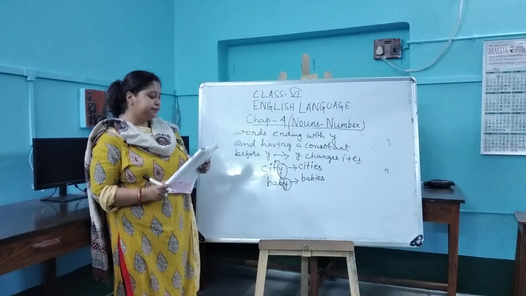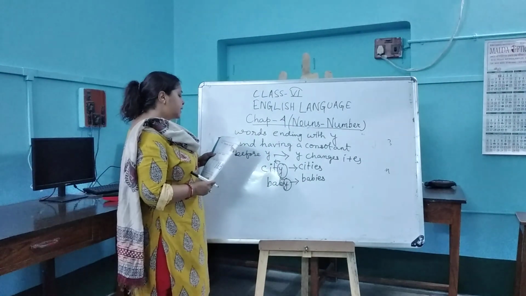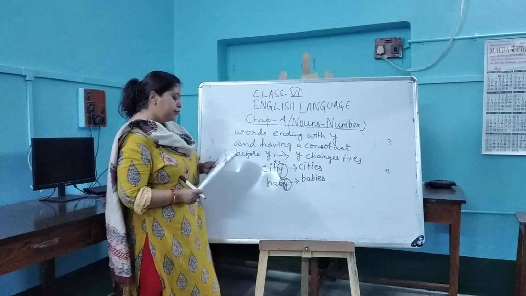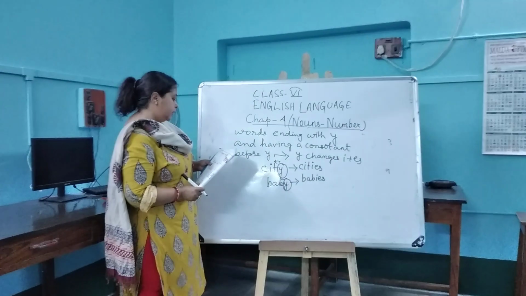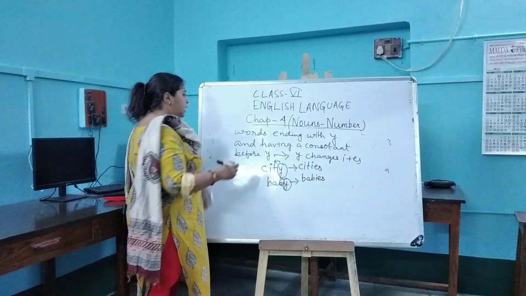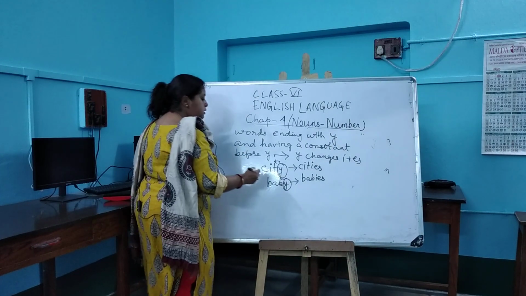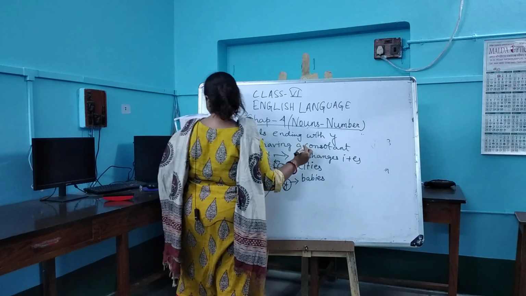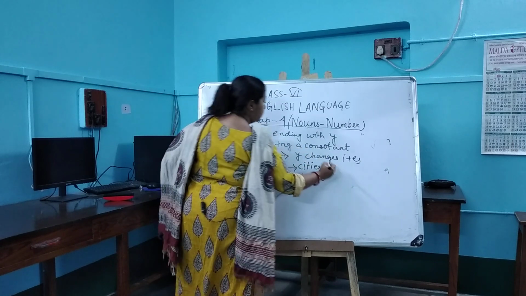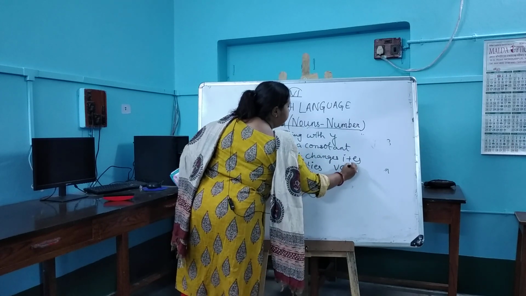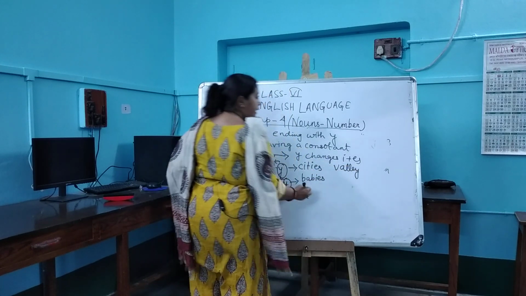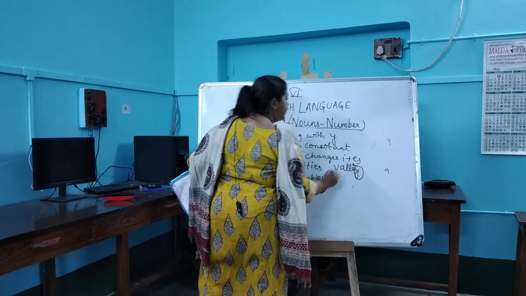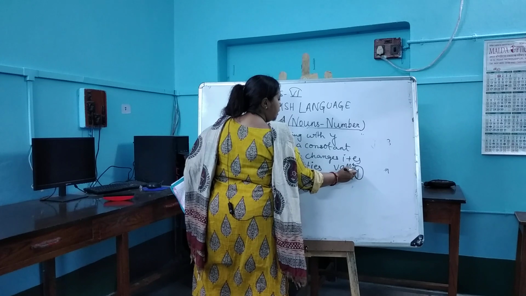But if a noun ends with a vowel plus y, its plural is formed by adding s to it. If a noun is ending with y, like valley, V-A-L-L-E-Y, valley. It is ending with y, but the letter just before it is e. E is a vowel.